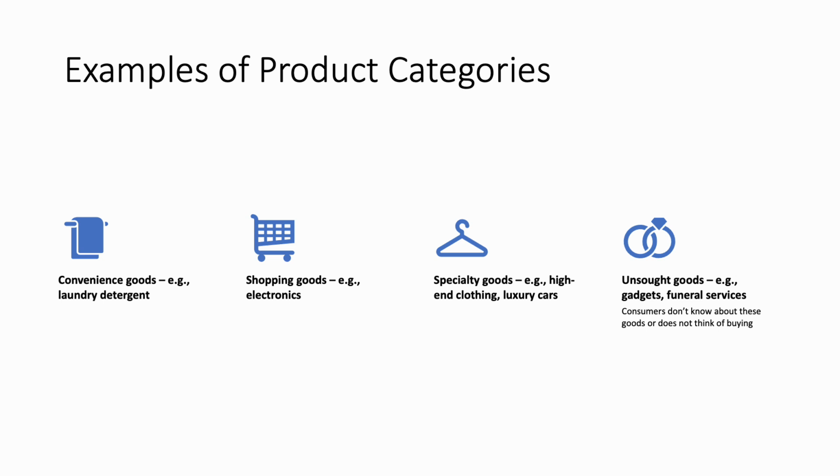Specialty goods include high end clothing or luxury cars. These are products people seek out specifically, and unsought goods are products consumers may not know about and don't usually think about, like certain gadgets or funeral services. Understanding these categories will help shape marketing strategies.